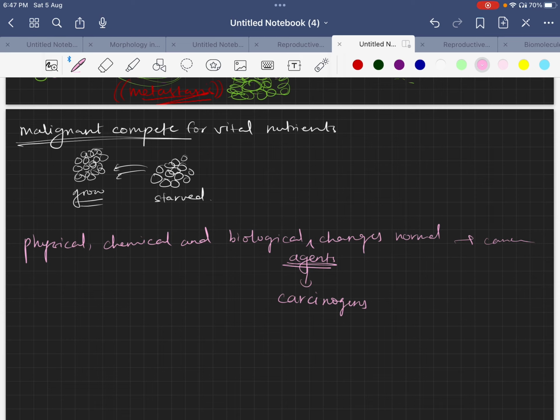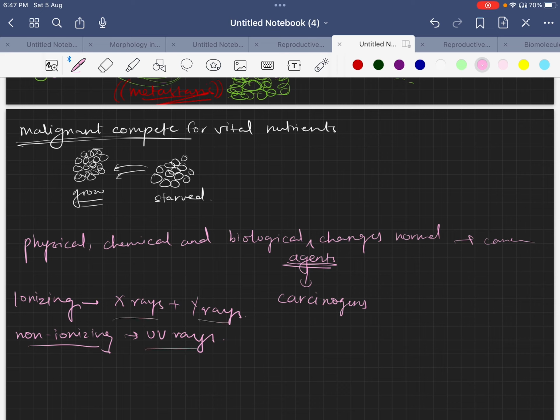Ionizing radiations like X-rays and gamma rays, and non-ionizing radiation like UV rays, can cause DNA damage.